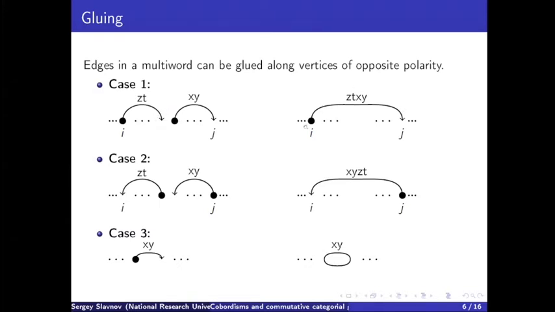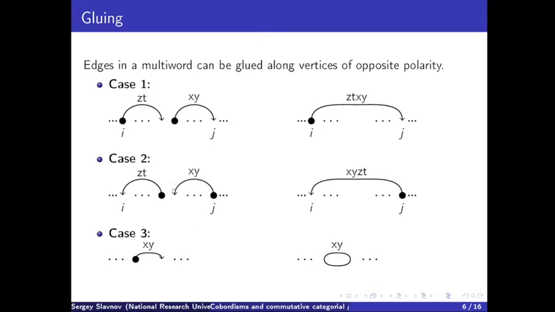We look at its starting point, which is I. Then we read the label which was adjacent to the starting point. We read it first, and then we read the second word, and we concatenate them in this order. So the label of the new edge is ZTXY. And in the second picture, the order is different.